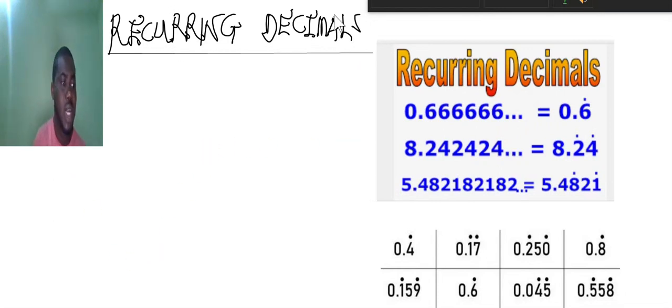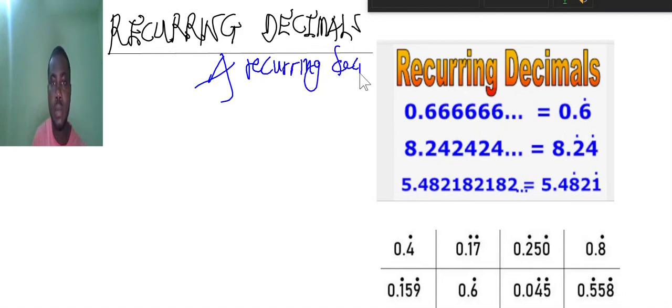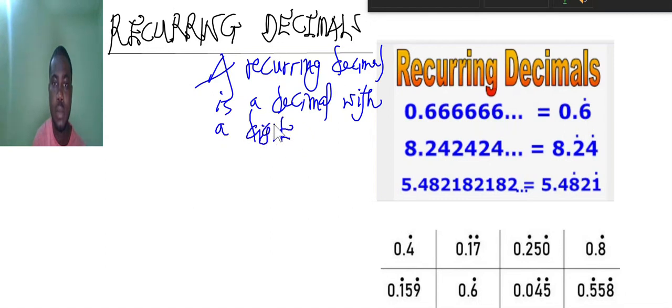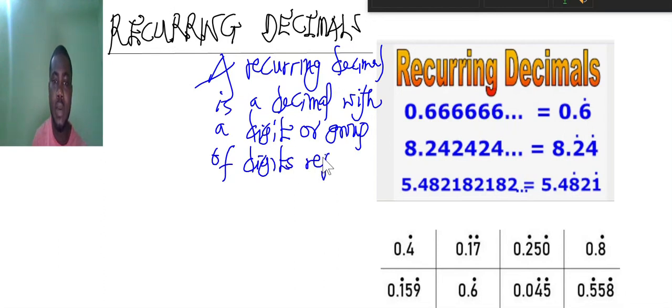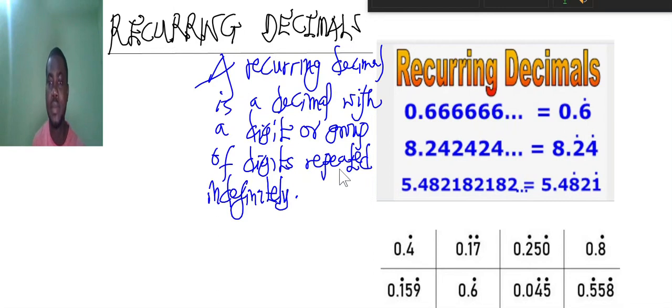So we say a recurring decimal is a decimal with a digit or group of digits repeated continuously, or we can use the word indefinitely, repeated without end.